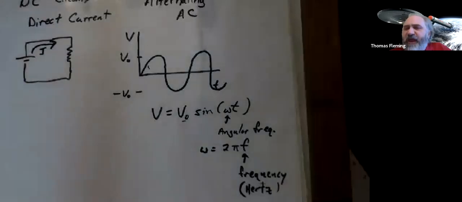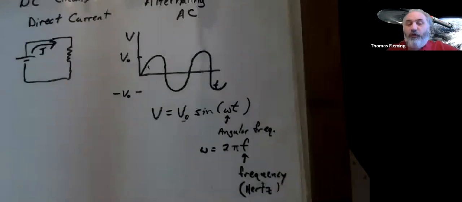That's the standard here in the United States. What that means is that the current is switching direction, going positive to negative and positive to negative. It's making that switch 60 times every second. So it's remarkably rapid in its switching.